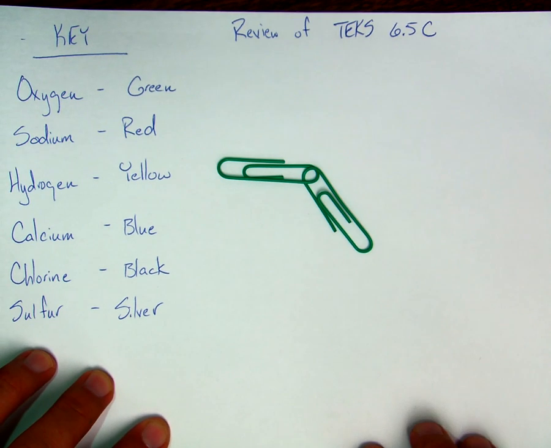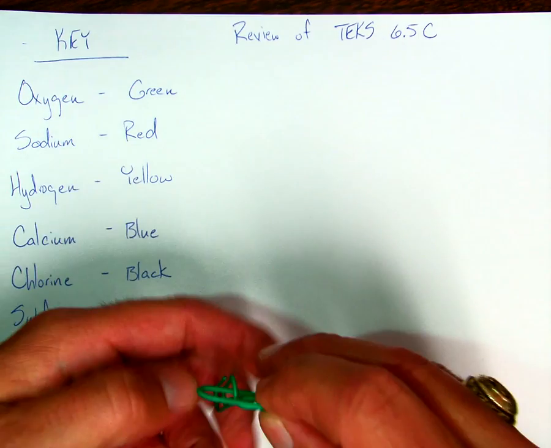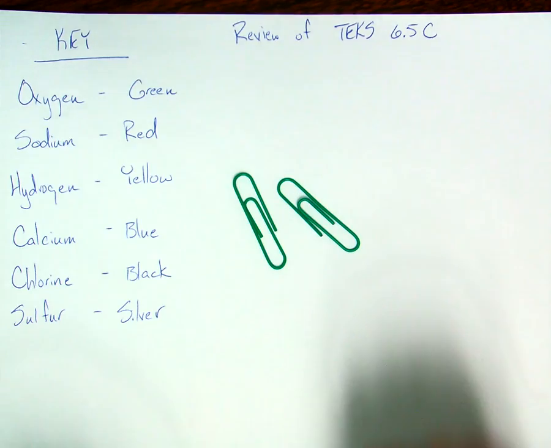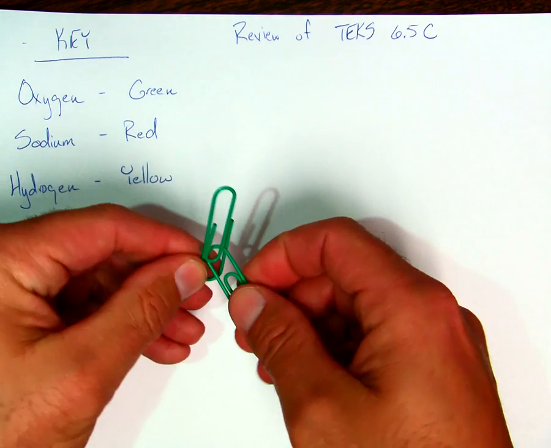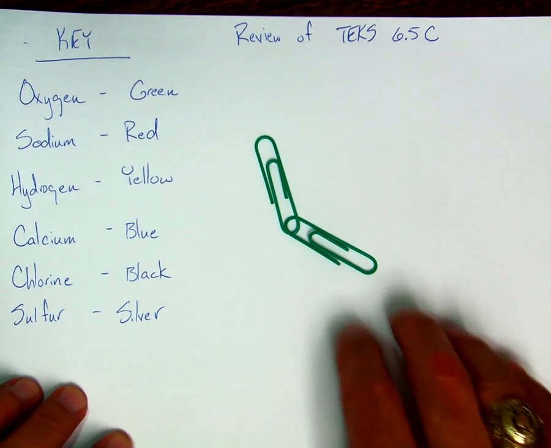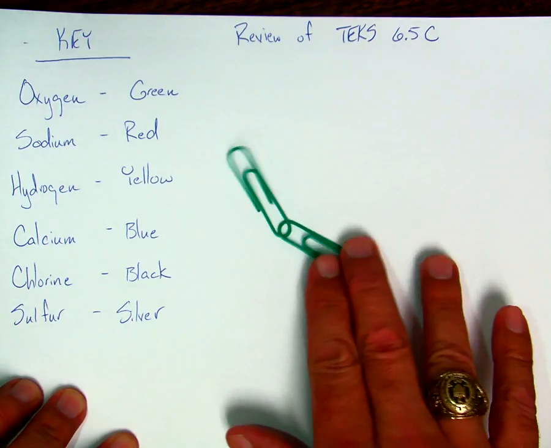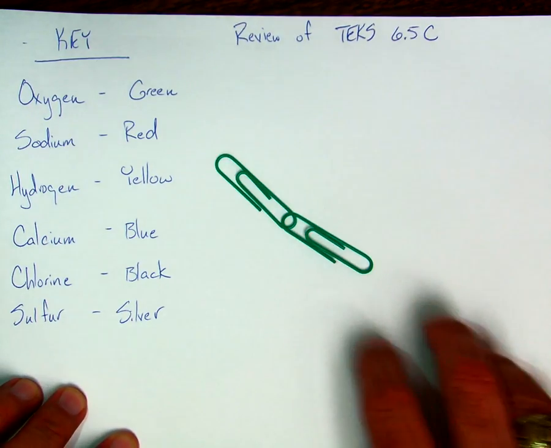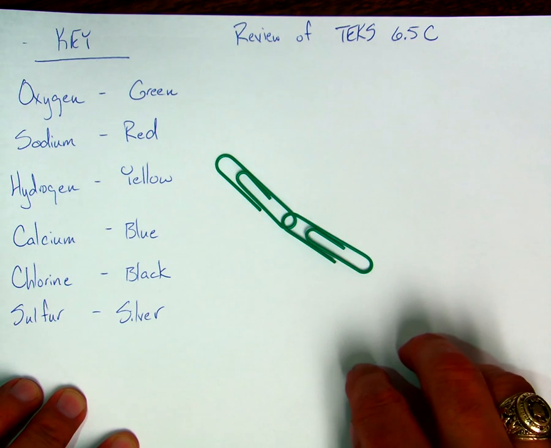So we just want to make sure that you're clear on understanding the difference between a single individual atom, which would be like this, two atoms of oxygen, and then we can bond those two together, of course, which will give us O2. Now we have a molecule of oxygen. However, be aware, this is not a molecule. This is just a single atom, a single element represented by a couple of different atoms.